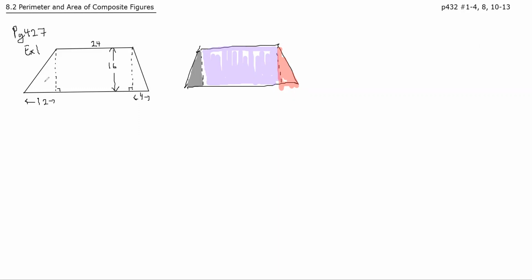So let's do this. I'm going to call this shape 1, call that shape 2, call that shape 3. So the area of shape 1 is going to be half base times height, because it's a triangle, half times the base times the height, is going to be 96 units squared. The area of part 2 is going to be length times width because it's a rectangle.